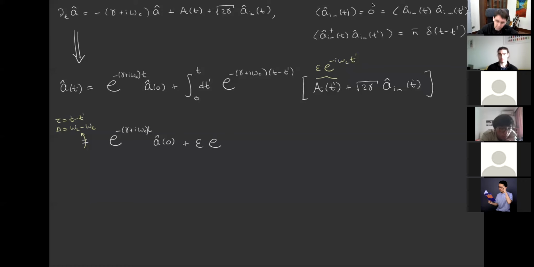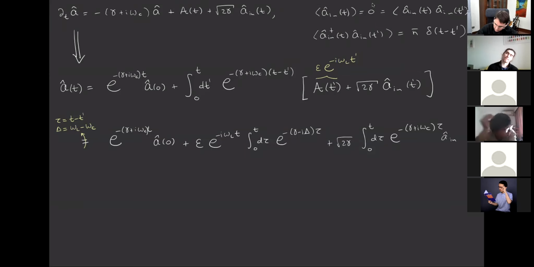Then we have here this, and then in here an integration 0 to t d tau e to the minus gamma minus i delta tau, and finally plus square root of 2 gamma integration 0 to t d tau, and then e to the minus gamma plus i omega c tau a input operator of t minus tau.